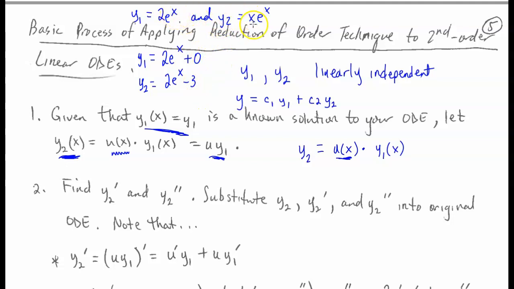And if I took one and divided it by the other, I'm not going to get a constant multiple of each other. So that's the main idea. We want something where one function essentially doesn't have anything to do with the other.